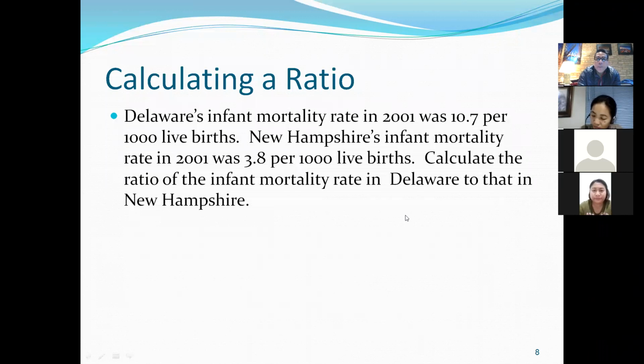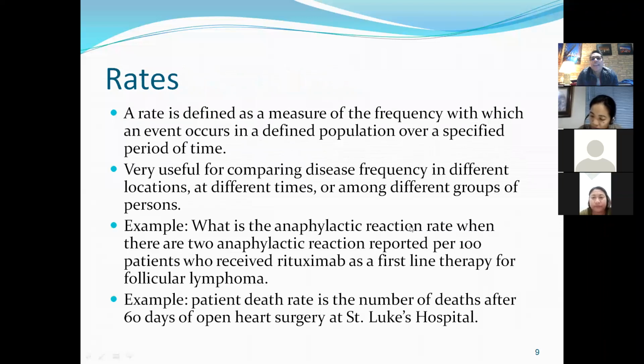Okay, and the next one here, rates. So rates is very easy. It's defined as a measure of the frequency with which the event occurs in a defined population over a specified period of time. So it's self-explanatory based on the definition.